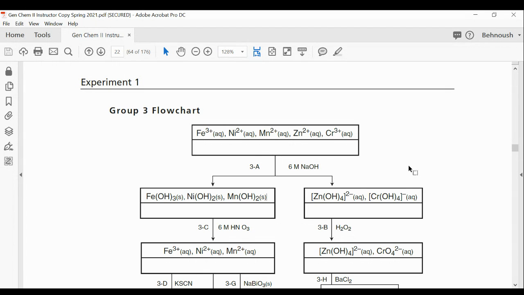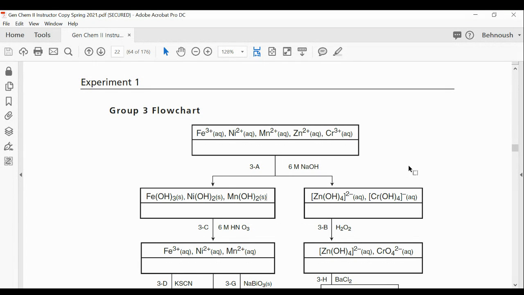It's just that on this paper, you could conclude either possibly present or definitely absent. Like in 1D, the 3 ions were definitely absent, otherwise you would have gotten a precipitate. So you could have put that in there.